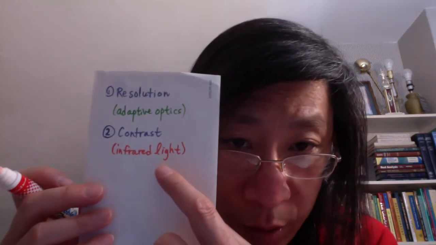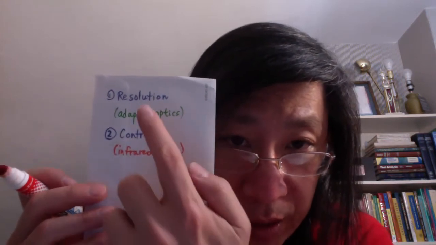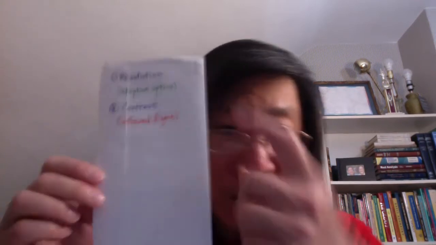So we use infrared light. See, there is a fascinating sort of reverse effect. The longer the wavelength of light you go to, the lower the resolution you're capable of having. So these two compete with one another.